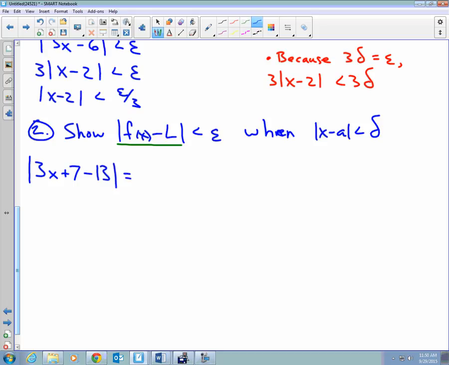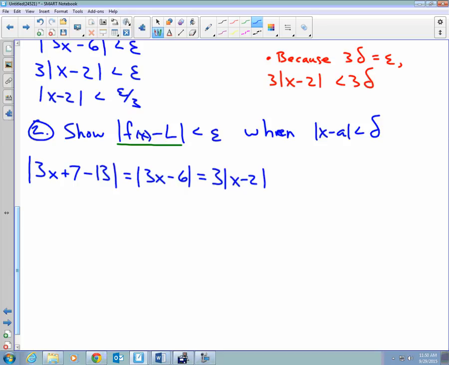What is this equal to? 3x minus 6. Getting closer to something that has an inequality sign, which equals, what can I factor out? 3 times absolute value of x minus 2.